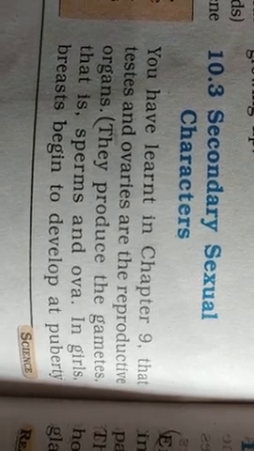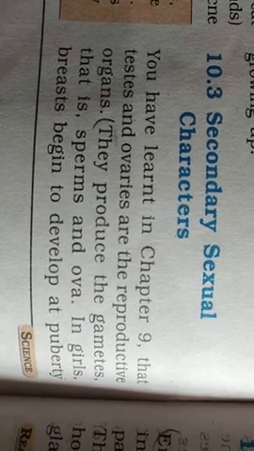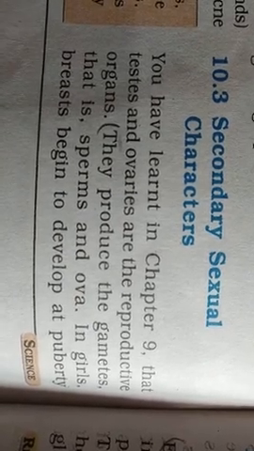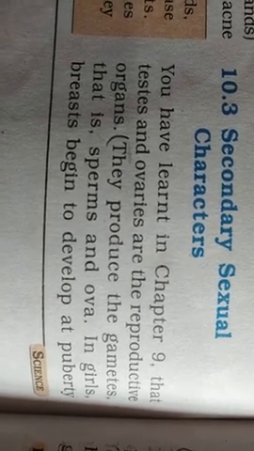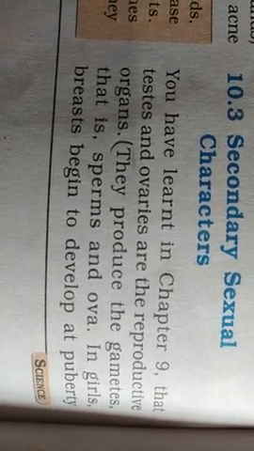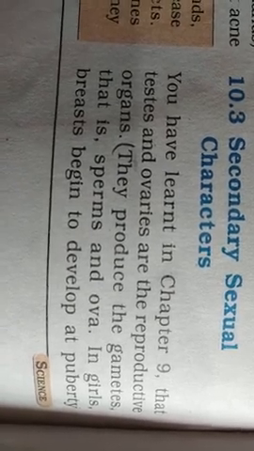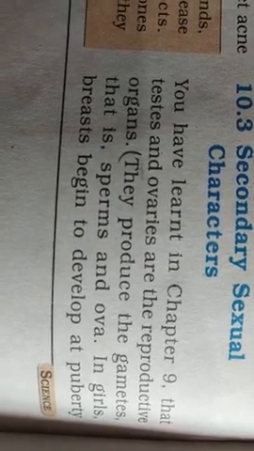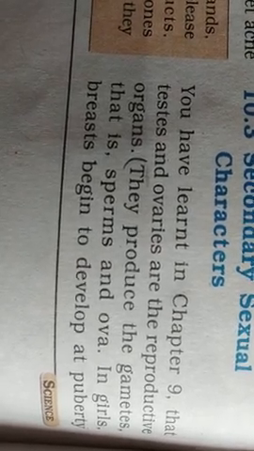In girls the breast begins to develop at the puberty age, and boys begin to grow facial hair, that is the mustache and the beard. These features help to distinguish males and females from each other.